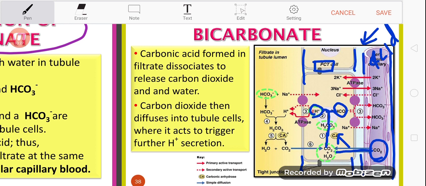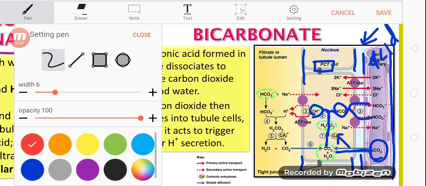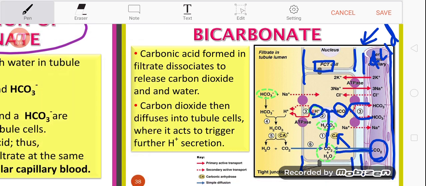And this bicarbonate ion will be transported back, reabsorbed into the blood system. So this is the reabsorption of bicarbonate ion here. You can see the bicarbonate ion dissociates from carbonic acid here and is returned back into the blood system by secondary active transport.